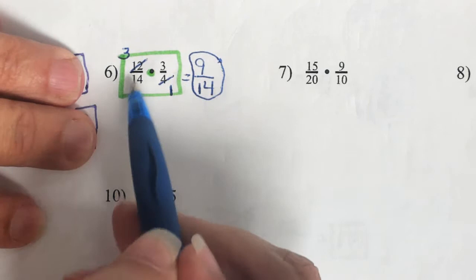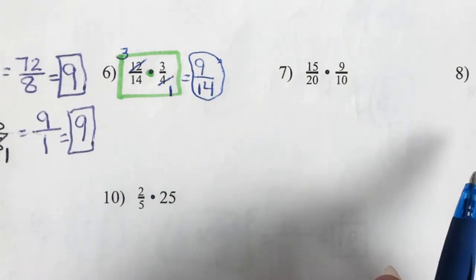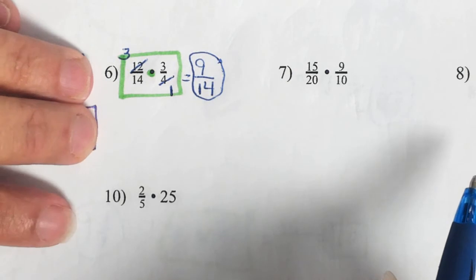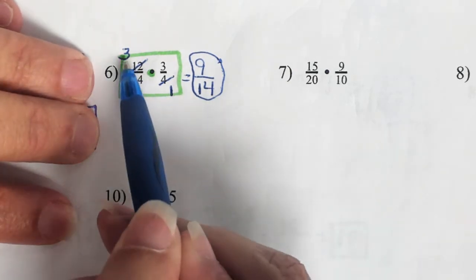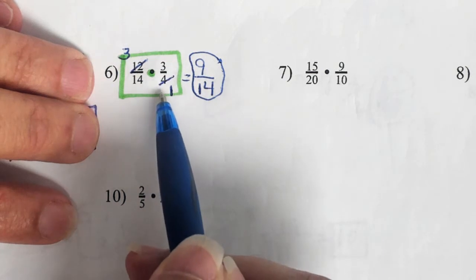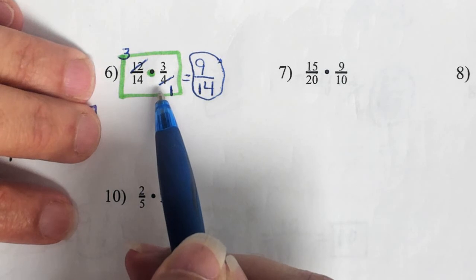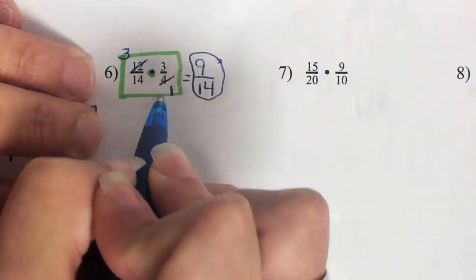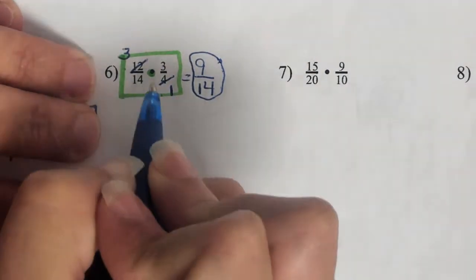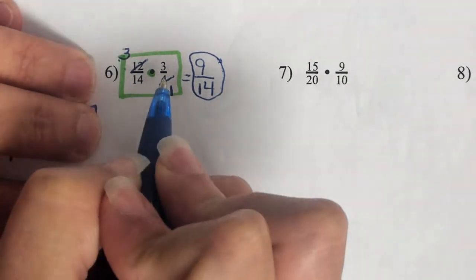I'm on number 6. So I marked out 12 and I made it a 6 and then I made it a 3. I marked out 4 and made it a 2 and I made it a 1. Okay, so first you made it 2 and 6. Then you made it 1 and 3. That's right. And then I made it 14 and 7. Can't do that.